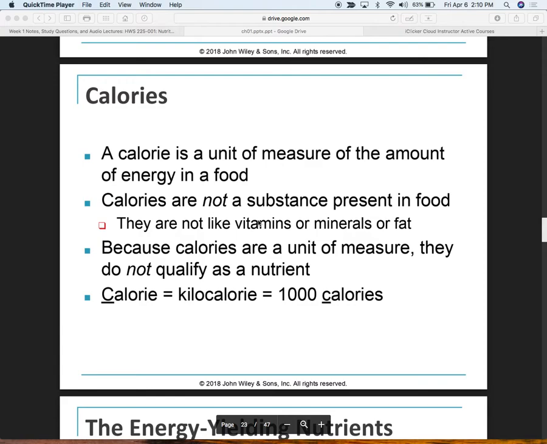Okay, so through careful studies across large swaths of the population, we can come up with estimated energy equations. These are the types of things you can go to on the web and type in, like basal metabolic rate equation or estimated daily energy needs.